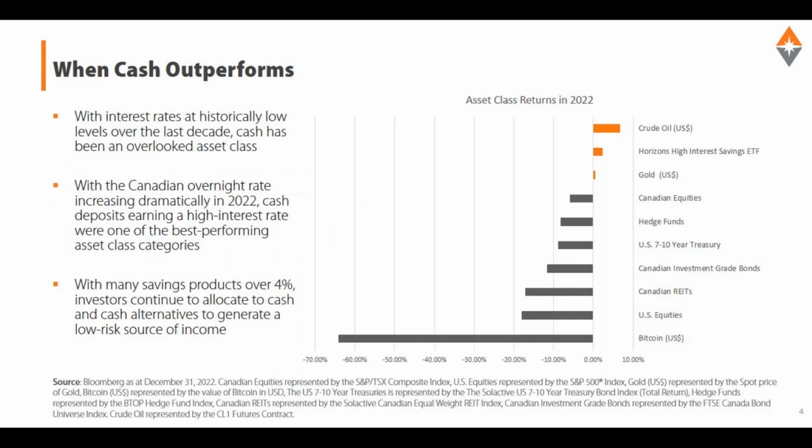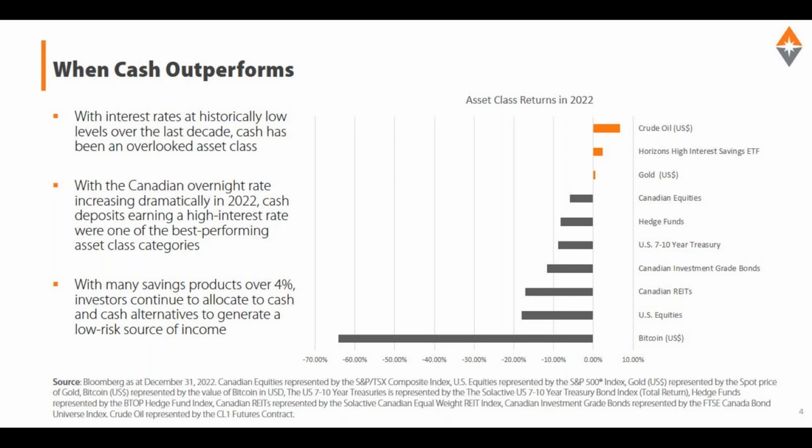So I think a lot of people consider cash, particularly up until recently, as really a form of capitulation. We viewed cash as an exit from the market, not as a performance asset class. It's where you went when things were going really poorly. But actually in 2022, if you had owned cash, and here we're using our example of our Horizons high interest savings ETF, you were actually generating strong positive returns relative to the performance of most other asset classes.